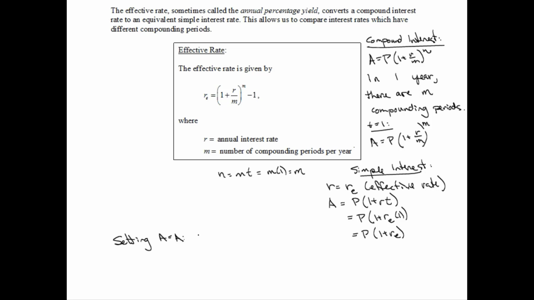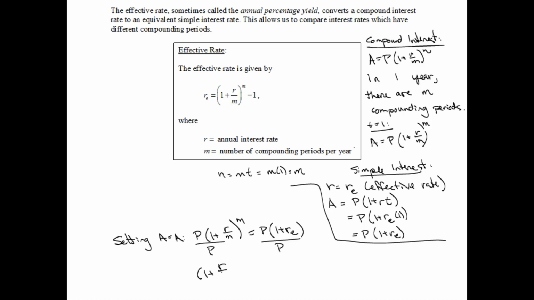In other words, we're going to take the A from the compound interest formula, and so that gives me P times 1 plus R over M to the M. And then we're going to set that equal to the A we got doing simple interest, so that'll be P times 1 plus the effective rate. We divide both sides by P. And so now I have 1 plus R over M to the M is equal to 1 plus R sub E, our effective rate.